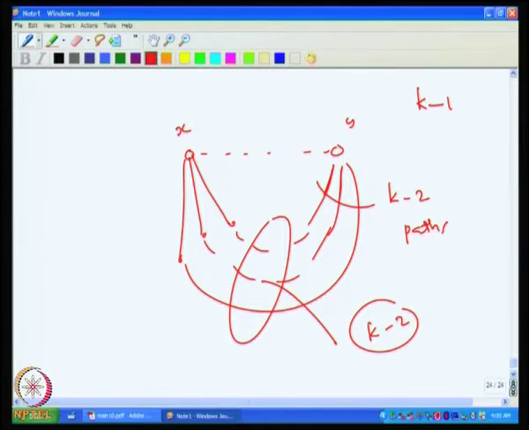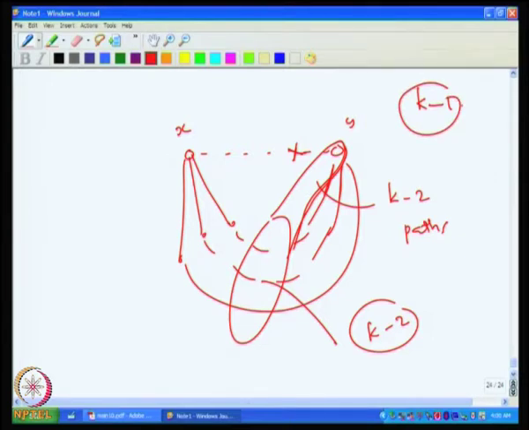So there should be one more vertex which, if you add this y also, one of these vertices can be added, and you can disconnect the remaining graph, because this edge will go away, and then we get a k minus 1 separator.